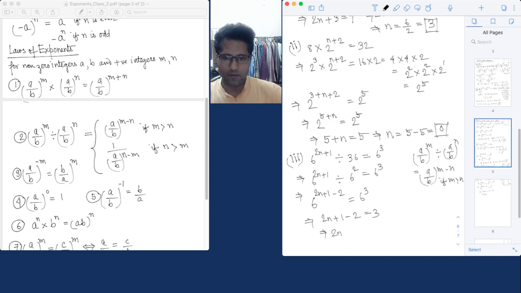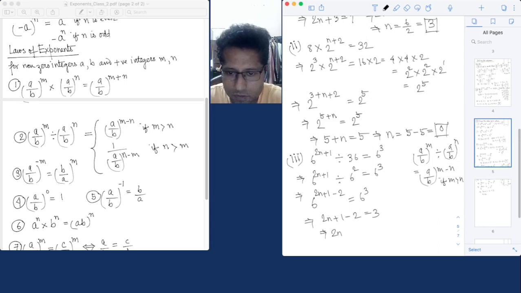We assumed that 2n plus 1 is greater than 2. That is for sure. The assumption is right, because we see on the right hand side the power is 3. It's a positive power, 6 raised to the power 3. So definitely 2n plus 1 minus 2 will be positive and will be equal to 3.